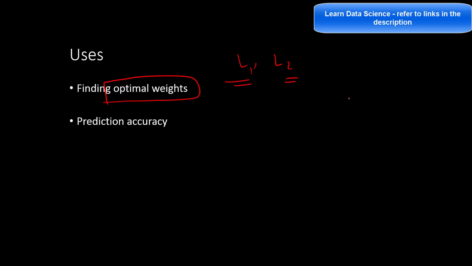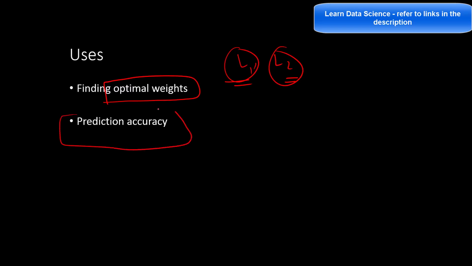There are several techniques by which one can find the optimal weights. I'm not going to talk about it. We'll see it in an example in one of the next videos, where I'll take some data and showcase L1 and L2 regularization, and see how we can find the best set of optimal weights, how we can tune the weights, and find a suitable set of weights which will be very good for prediction.